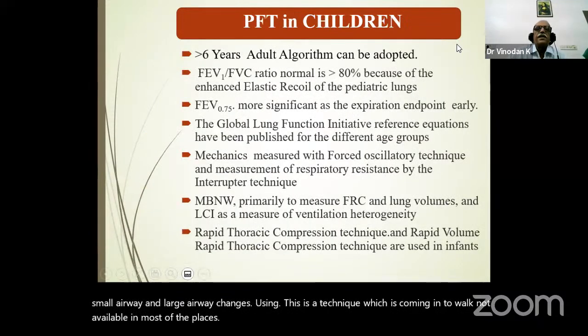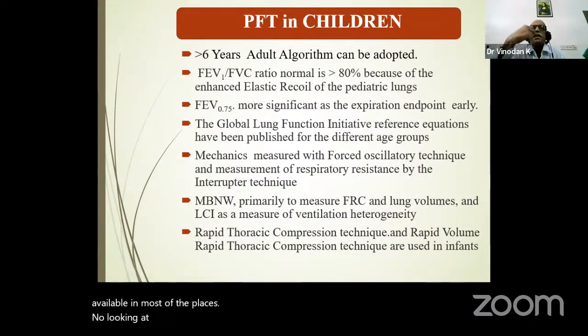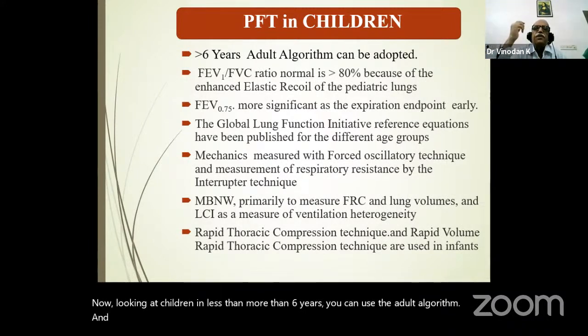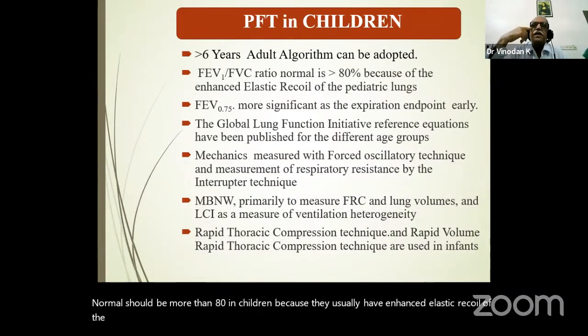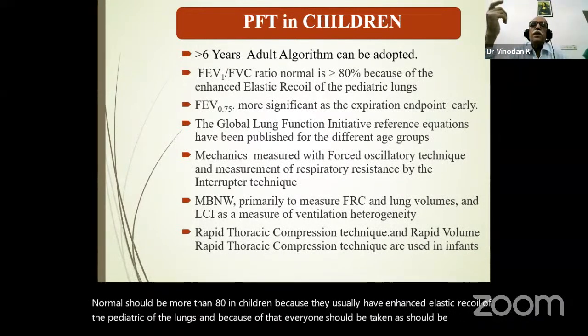Now, looking at children, in those more than 6 years, you can use the adult algorithm. FEV1 by FVC ratio, normal should be more than 80% in children, because they usually have enhanced elastic recoil of the lungs, and because of that, the FEV1 by FVC ratio should be higher than normal.